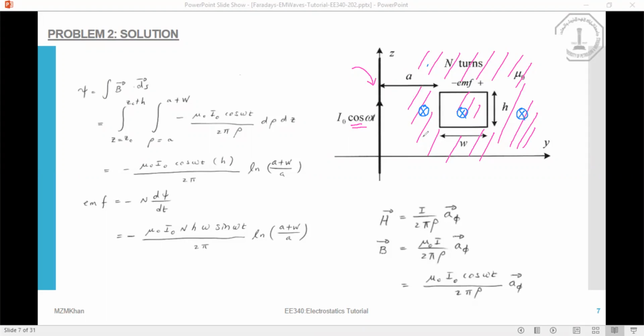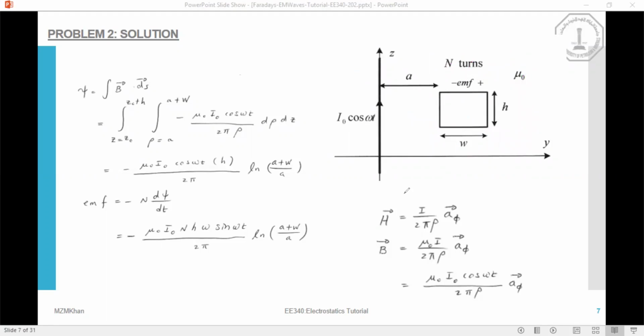Although it is time varying so it will change direction, I'm just showing it to you. After half the cycle, it will be moving in the opposite direction. But this will be the external magnetic field under the influence of which your rectangular loop will generate the EMF. So first, we need to find that external magnetic field.